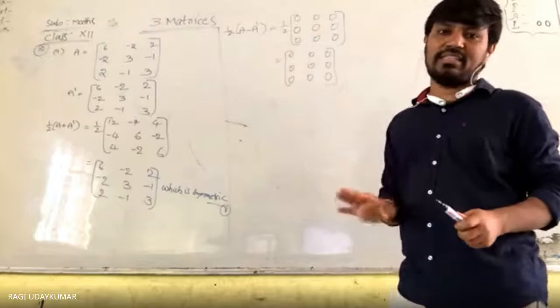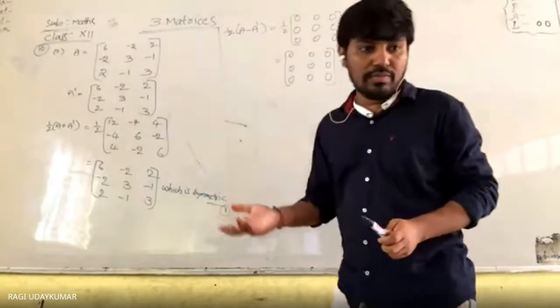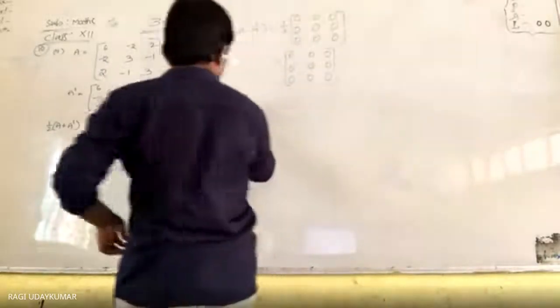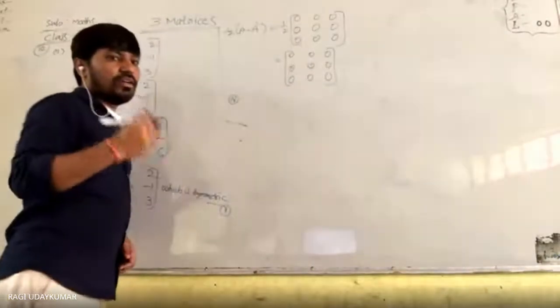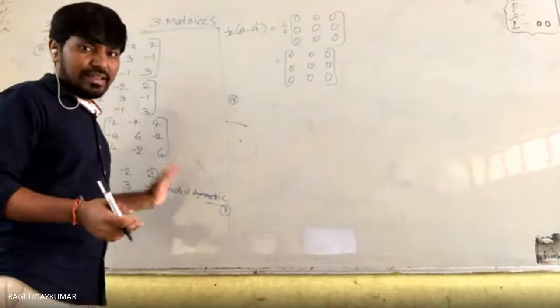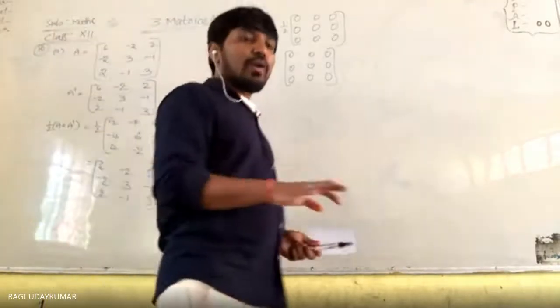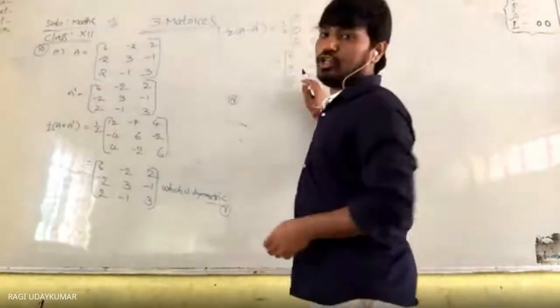Only this problem is like this, but the remaining third problem and fourth problem, let me check the fourth problem, a 2 by 2 matrix. The third problem is showing in a difficult way, that's why I have chosen this here. But in the third problem you will not get 0 0 0.